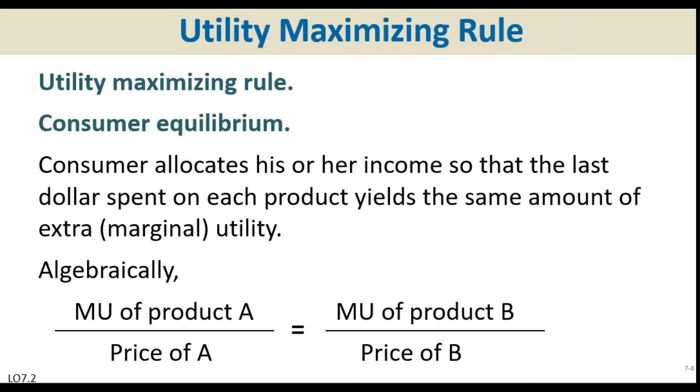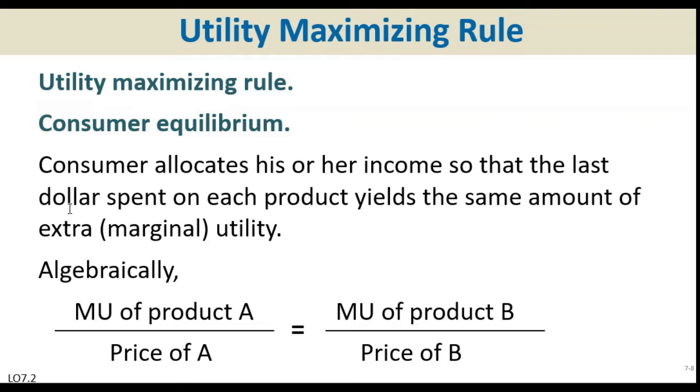So a consumer in equilibrium, when the utility is balanced, what we mean by that is the utility maximizing rule. The consumer equilibrium is when the consumer allocates every single dollar to purchase goods that yield the same amount of extra or marginal utility.